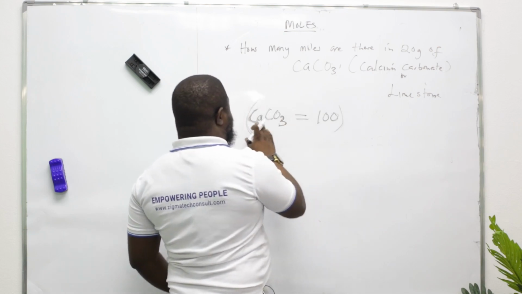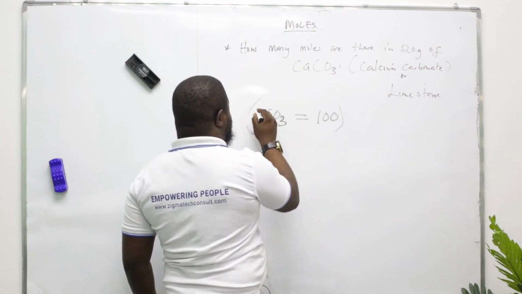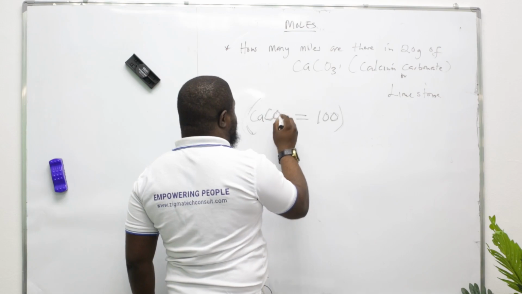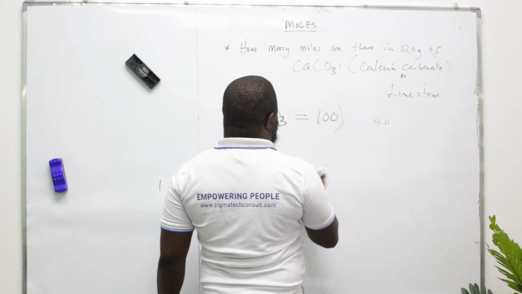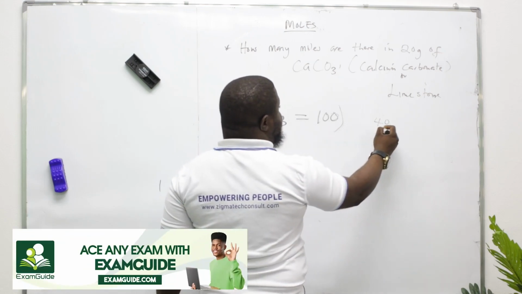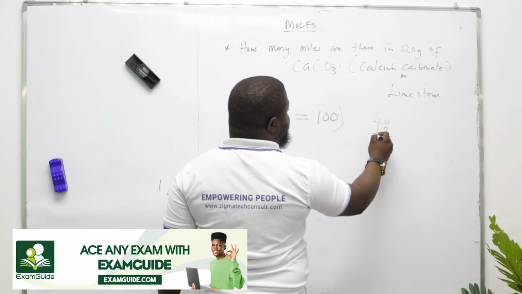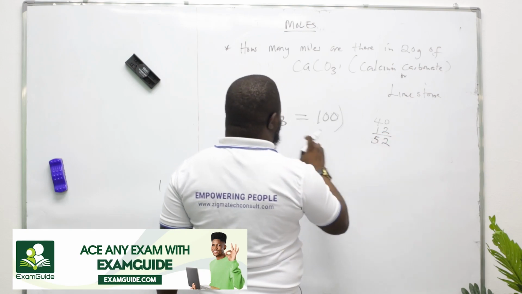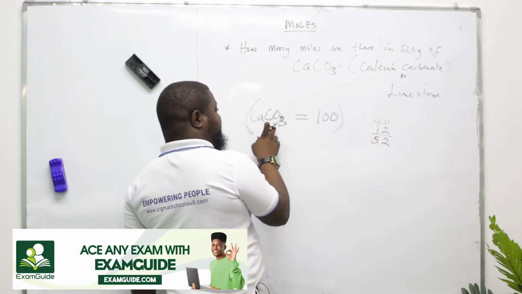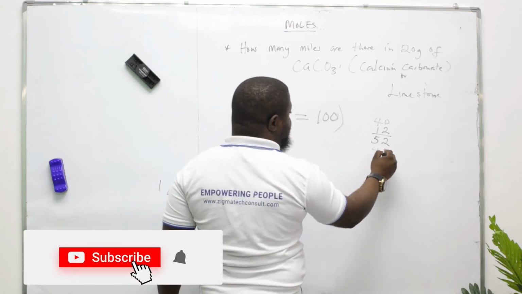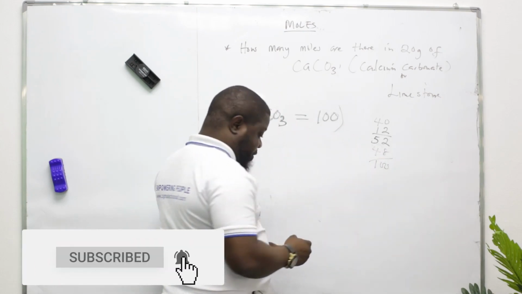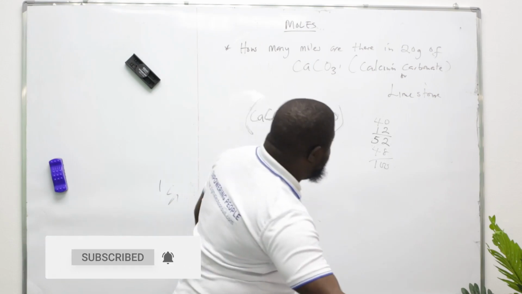CaCO3 is 100 because the mass number of calcium is 40, the mass number of carbon is 12, which gives you 52, and the mass number of oxygen is 3 times 16, as we know, 48. It will give you 100. So that is why CaCO3 is 100.